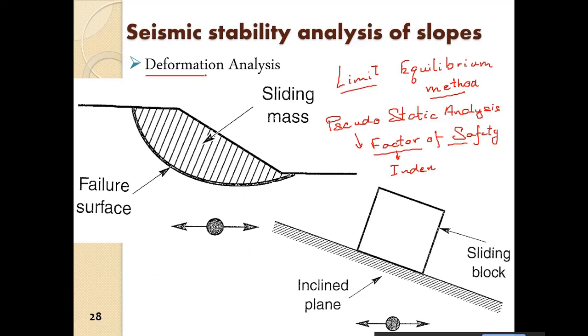We have discussed Newmark's method. As in the limit equilibrium method, we assess the total inertial forces, whether static or dynamic. Static is the weight W, due to the gravitational pull, which is the inertial force on the sliding mass.